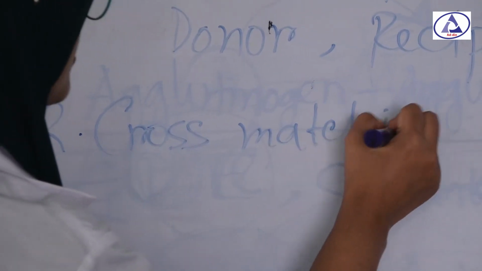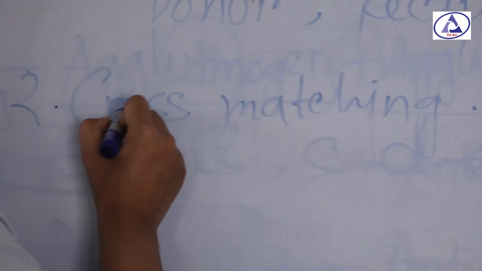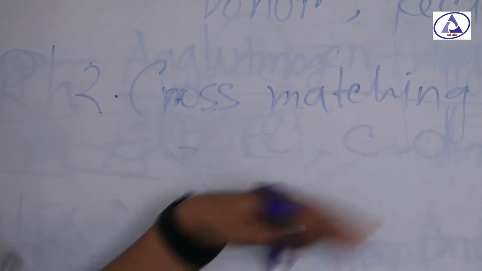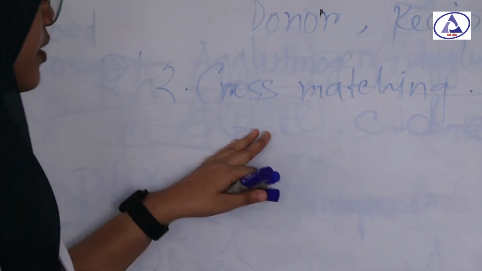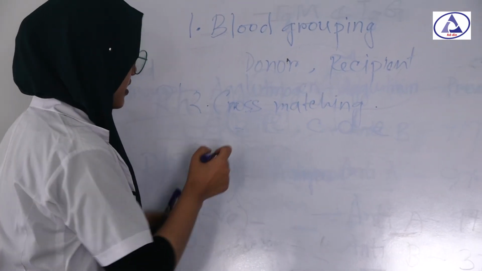What is cross matching? Cross matching means that in the lab we will match donor RBC with recipient plasma and observe whether agglutination occurs or not. Okay, and other screening tests.